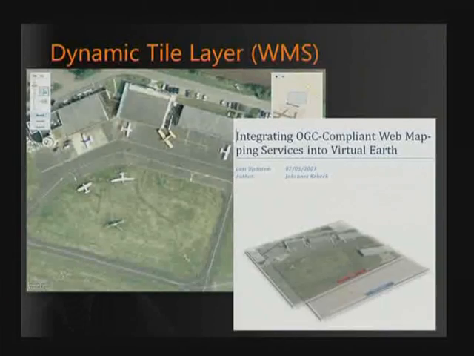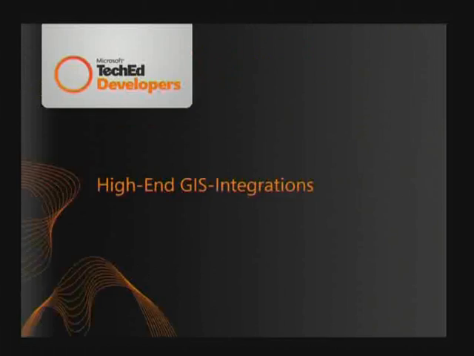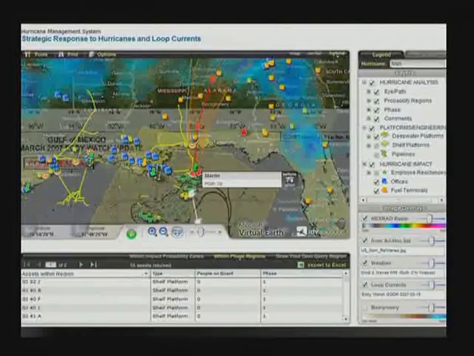So that can be done with different information. Unfortunately, I'm running out of time. So I'm coming to a couple of high-end integrations. This is the BP Hurricane management that I mentioned before. So you see that we have here all kinds of information integrated into a SharePoint site and available for analyzing.